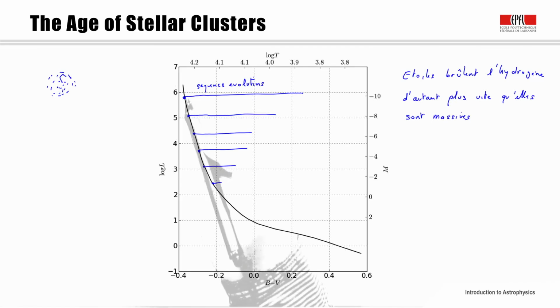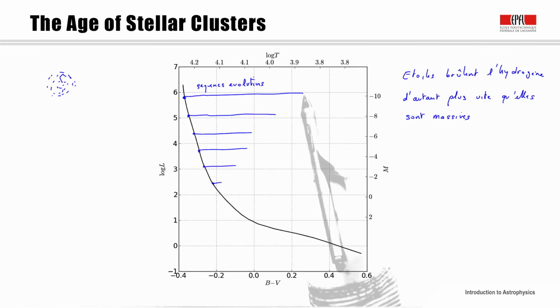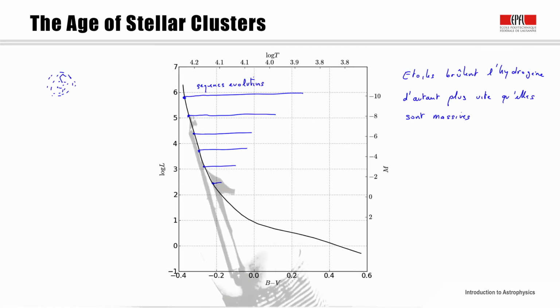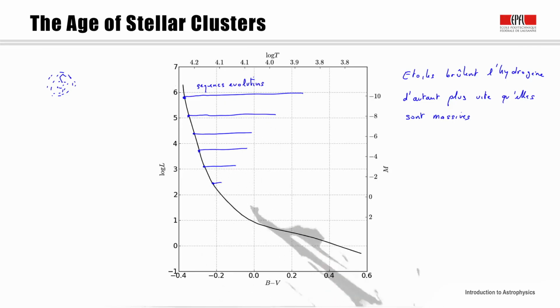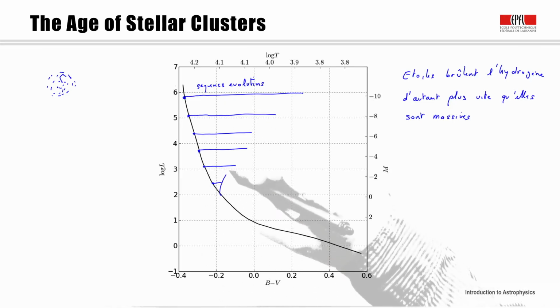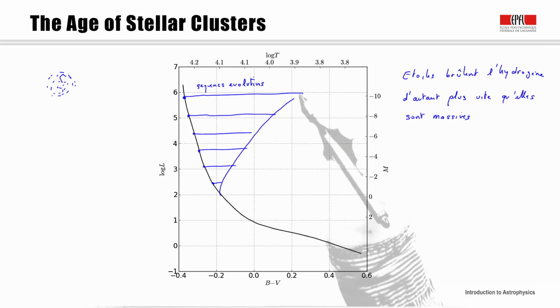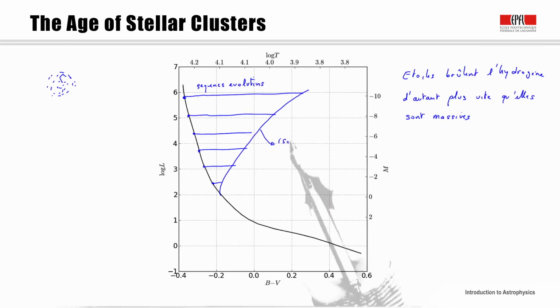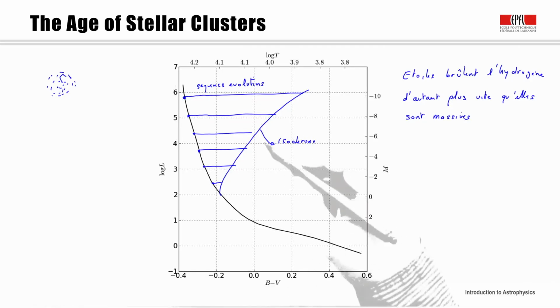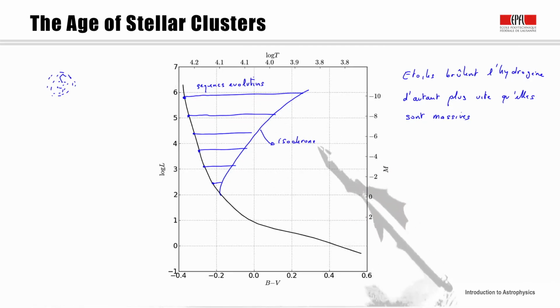The most massive stars leave the main sequence very quickly. Stars with a slightly smaller mass leave it a bit afterwards, and so on and so forth. If I link all these points, I have what is called an isochronous curve, which, as the name suggests, links stars with all the same age.